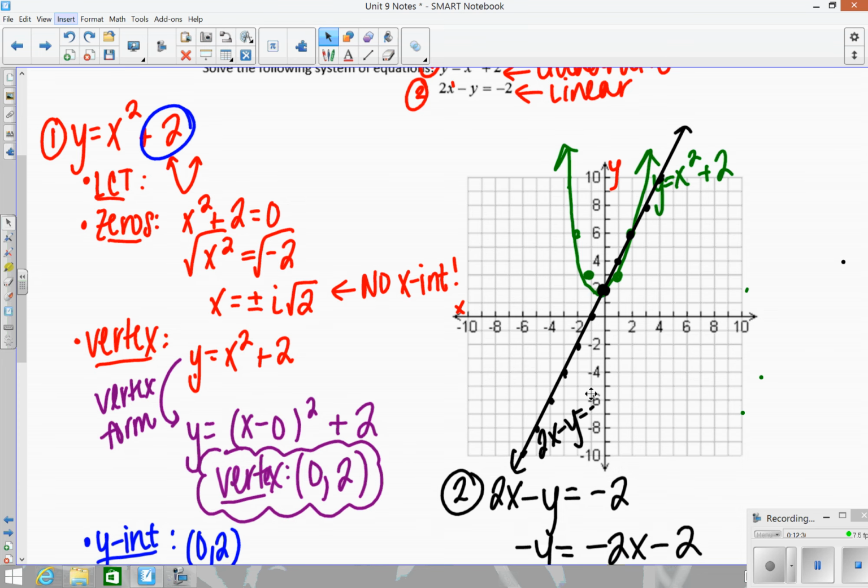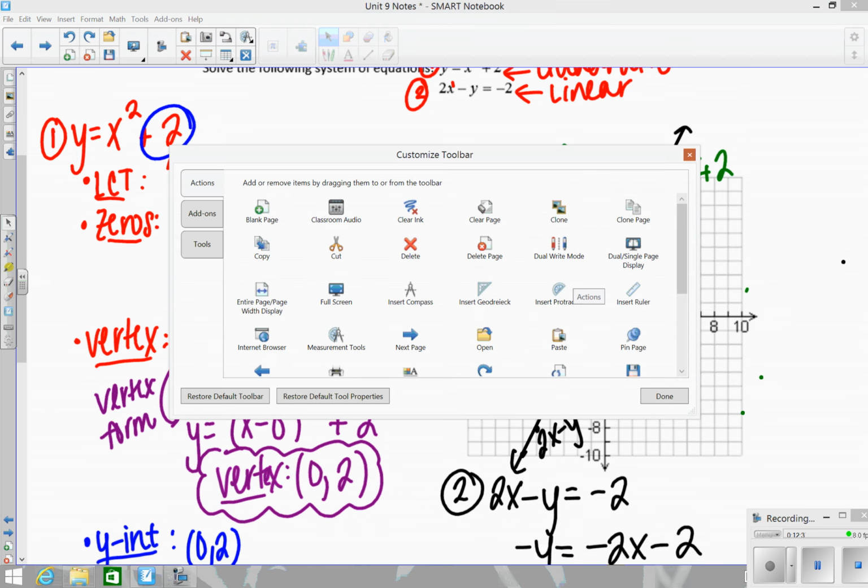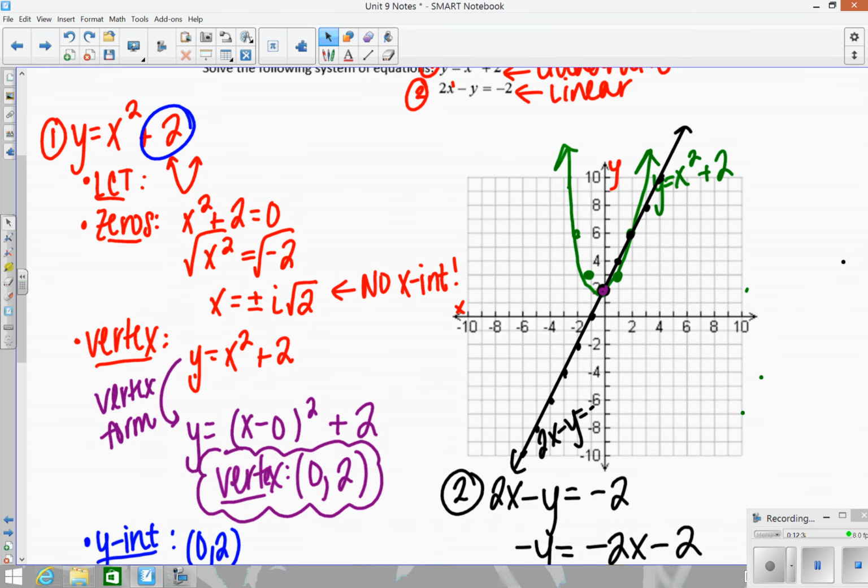So we have 2 solutions. We have one right here and one right here. So all we need to do now is just state those solutions. So we have (0, 2) as a solution, and we have (2, 6).